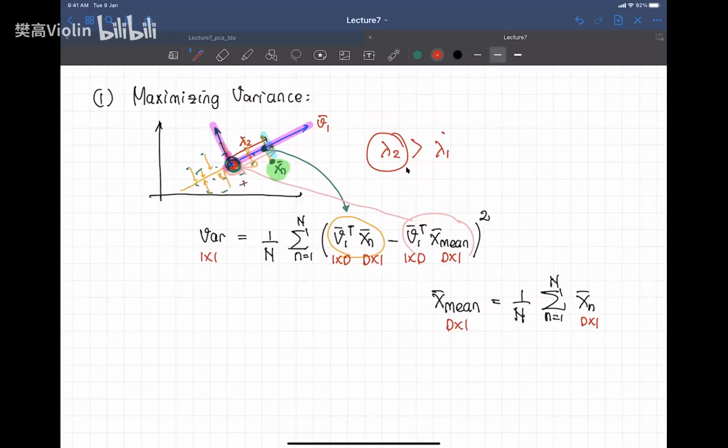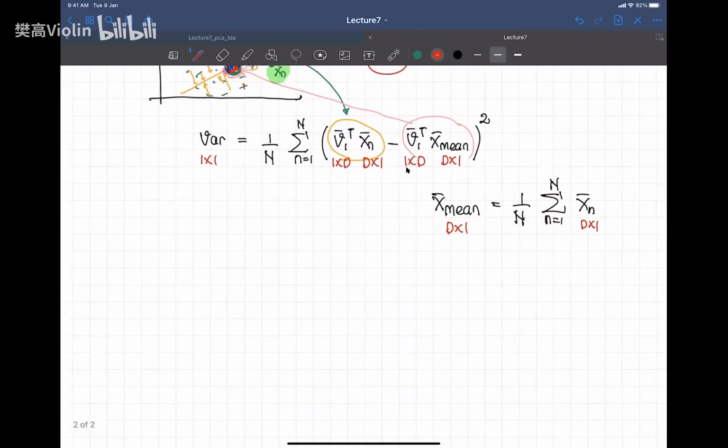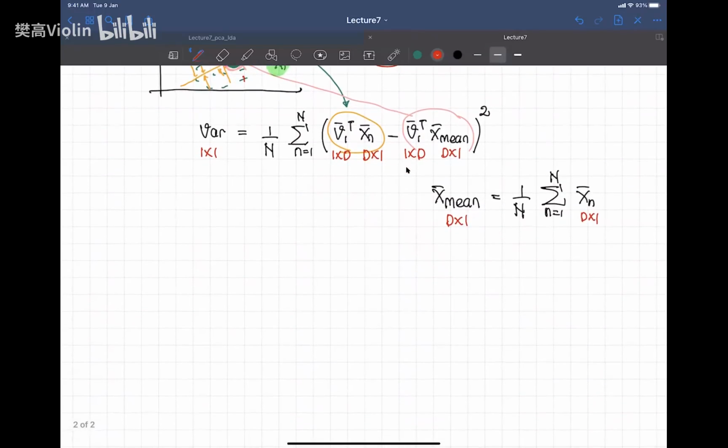Right. Now let's move on. From this one, let's get the meaning of this. For this particular expression, this green expression here, let's expand this further.